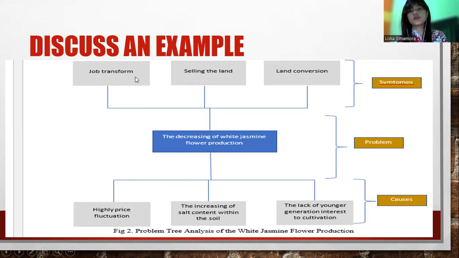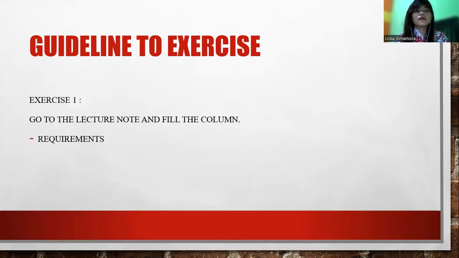For job transfer, we can ask what other effects occur because of it, maybe increasing income, or moving to another city. That kind of thing is what we include in step 5. We go to a deeper observation. Okay, that is my summary of the second topic.